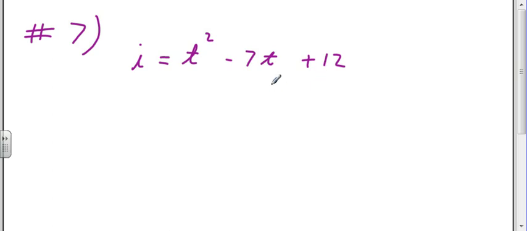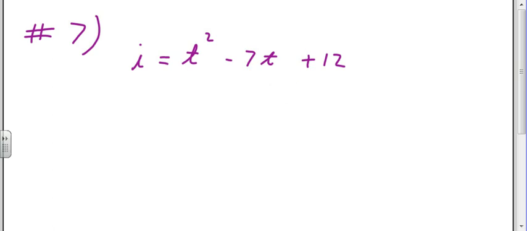Is it even possible to have a current that looks like that? If t is given in seconds, at what times will the current equal 2 amps, 0 amps, and 4 amps? Isn't that lovely? So I got 3 different problems.